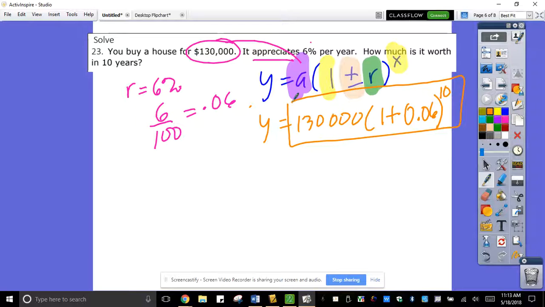Okay, can you see your calculator? 130,000 times 1 plus 0.06 to the 10th power. Here you go. Okay, so the answer there for you to know if you're right is 232,810.20.